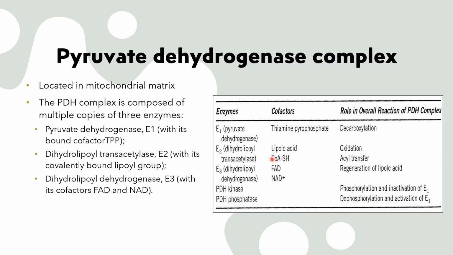And these electrons that come from the reduced lipoic acid are carried through FAD and eventually end up at NAD, so that we have one of the end products of the pyruvate dehydrogenase reaction as the reduced form of NADH plus H. So these are the 3 enzyme entities of pyruvate dehydrogenase complex, E1, E2, and E3.